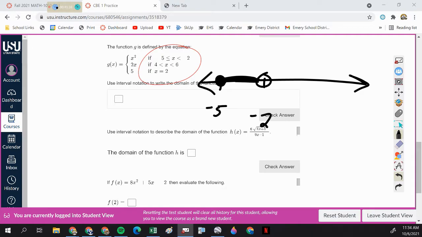Everybody good? At x equals 2, I have a closed circle from here. And then at 4, I have an open circle. And again at 6, I have an open circle in between.